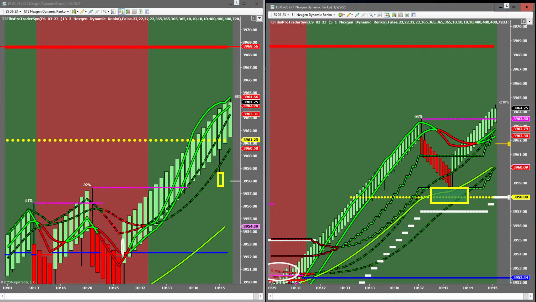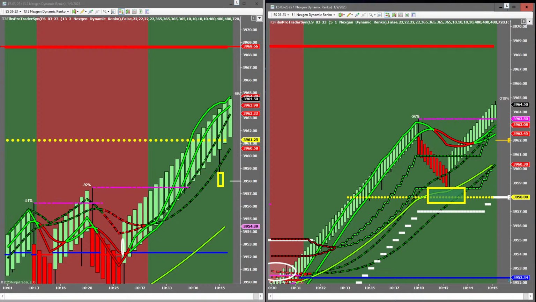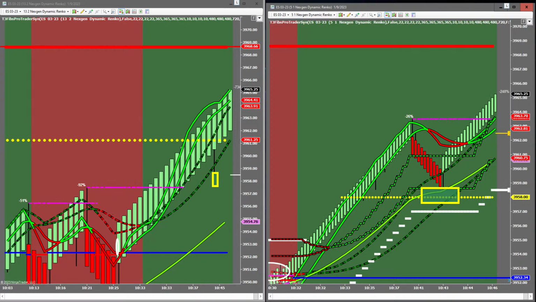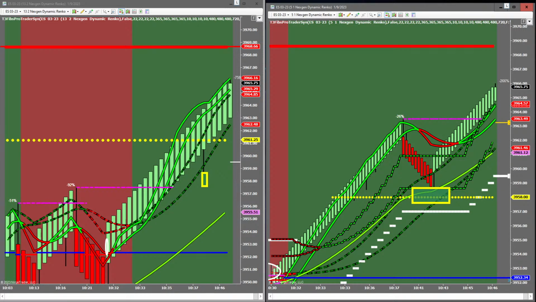It could, and if it does, it does to 60 or 60.50 or so. All right, guys, I don't have anything else to say here at the moment other than there it is.